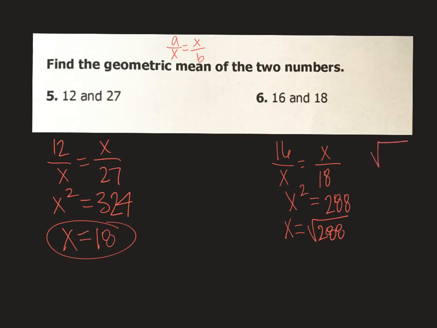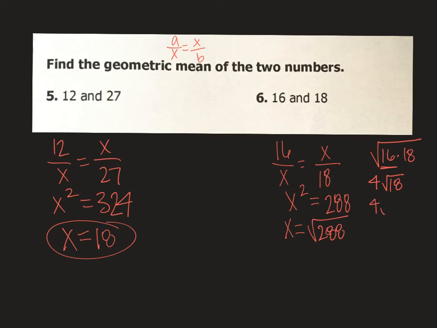So 288, 16 was a perfect square. So we could turn that into 16 times 18. The square root of 16 is 4 times the square root of 18. Now we just need to look at 18. Well, does 18 have any perfect squares?